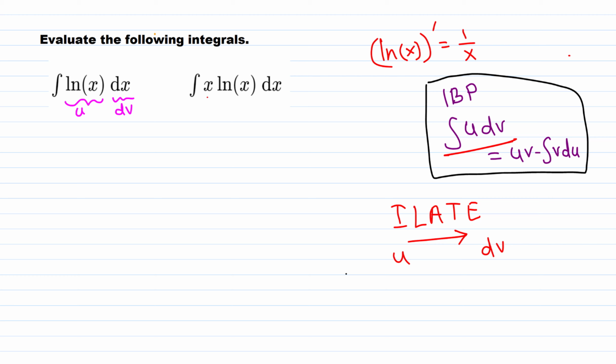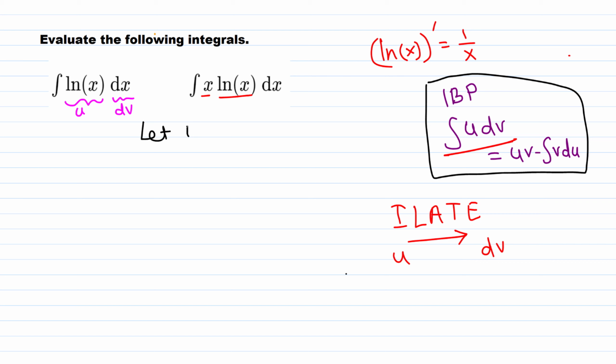Here we have an algebraic function and a logarithmic function. Logarithmic functions come ahead of algebraic, so our u should be natural log of x, and whatever is left over should be dv.